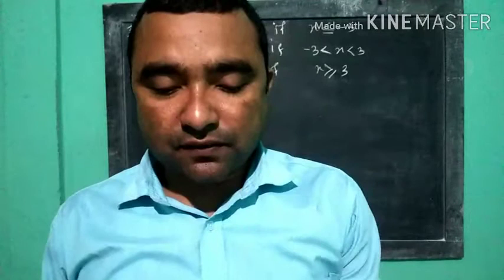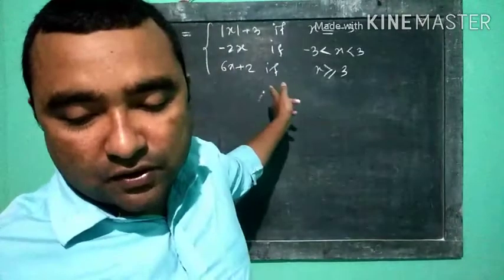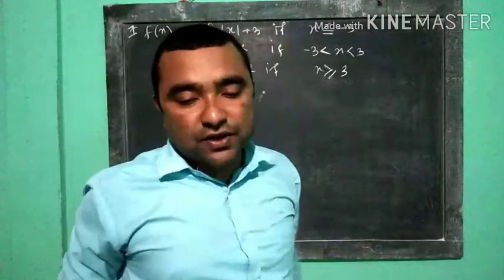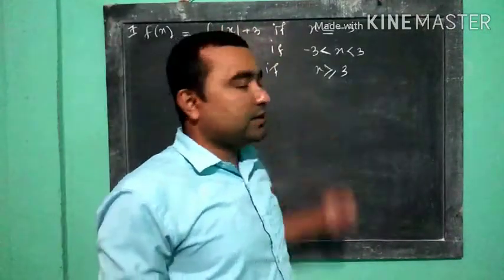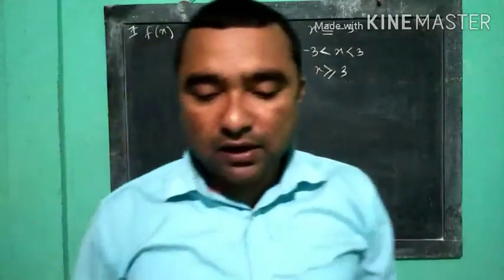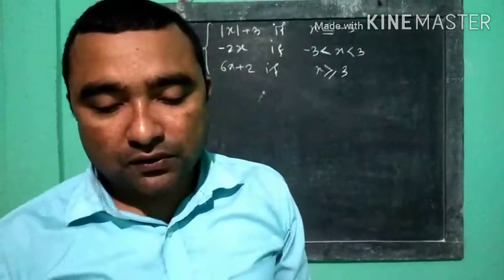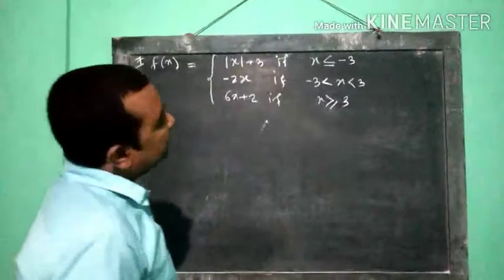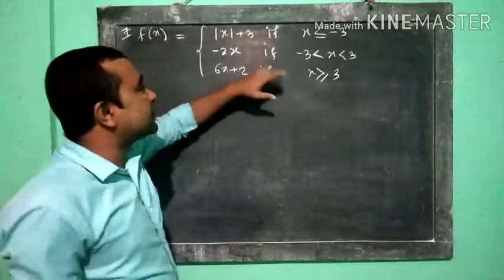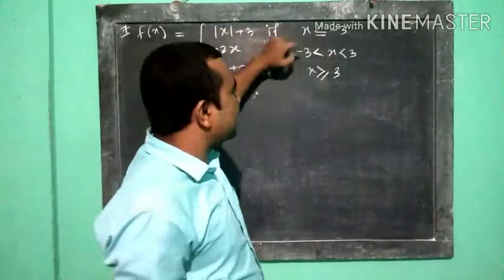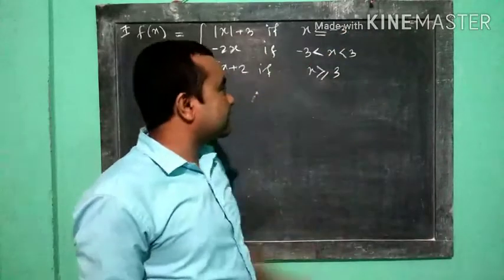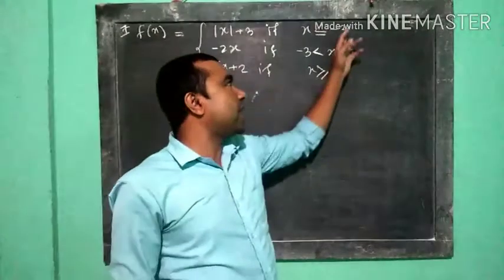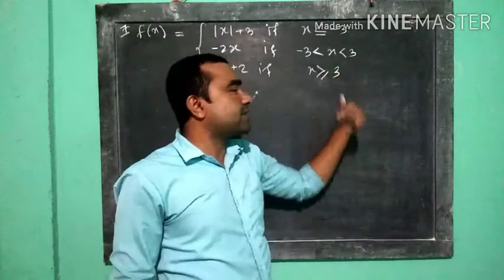The value of x lies between minus 3 and plus 3. So we check the continuity at the points x equal to minus 3 and x equal to 3.